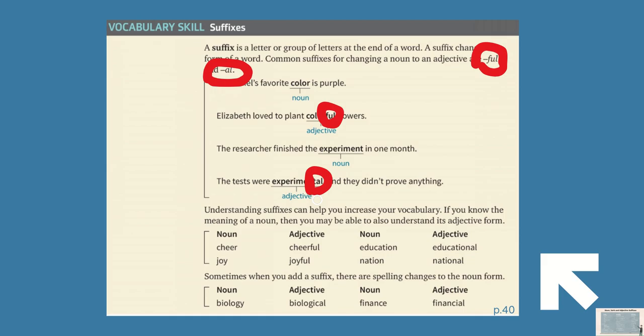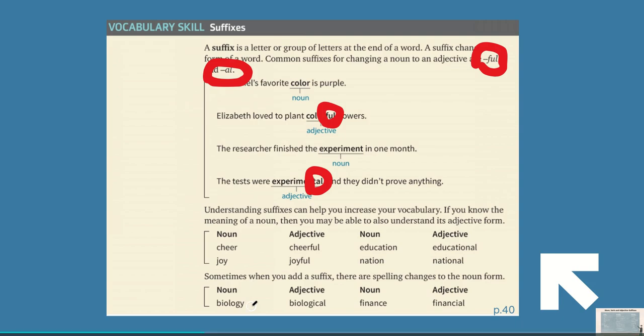And there are some more examples here, like cheer, cheerful, joy, joyful, education, educational, nation, national. And sometimes the suffix can have spelling changes to the noun form.